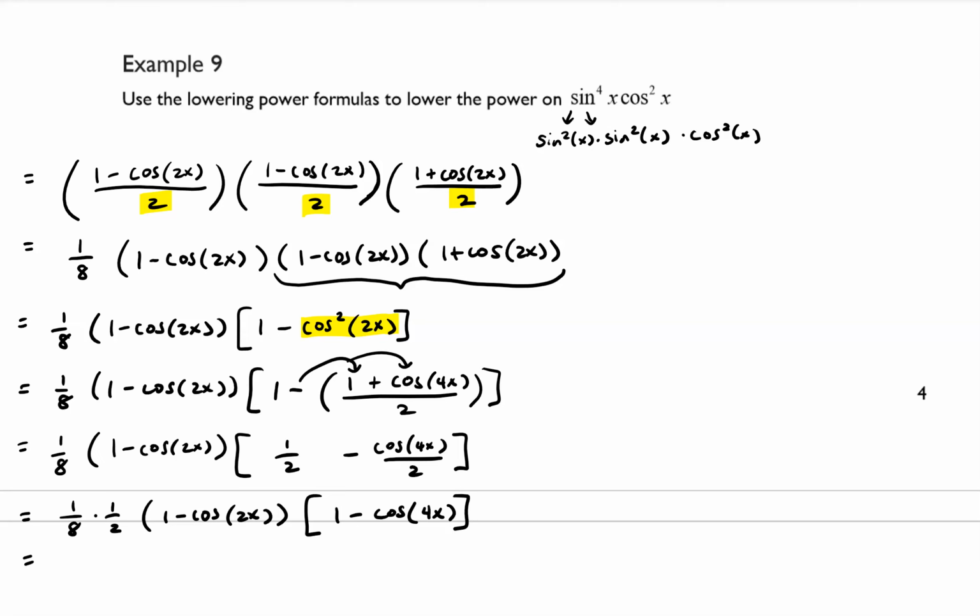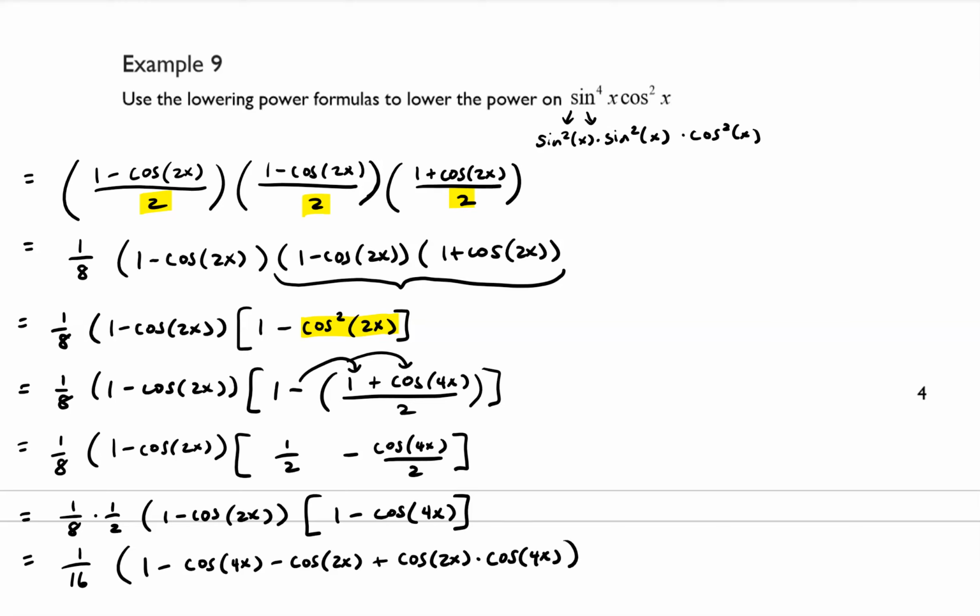Okay, so now 1/8 times 1/2 is 1/16. And now I'm going to FOIL these two things. So let's see, I get 1 times 1, which is 1. And then the outer terms, I'd get minus cosine of 4x minus cosine of 2x plus cosine of 2x times cosine of 4x.